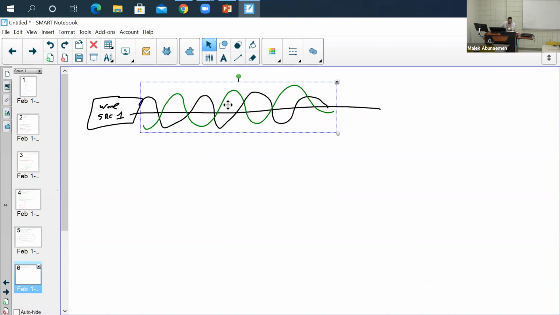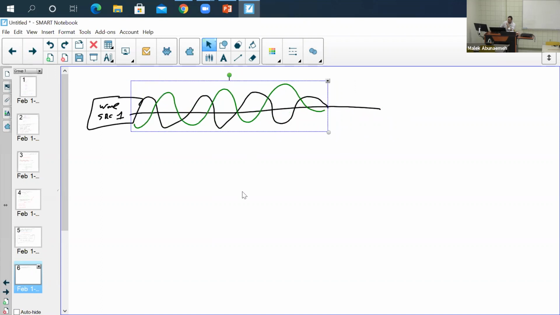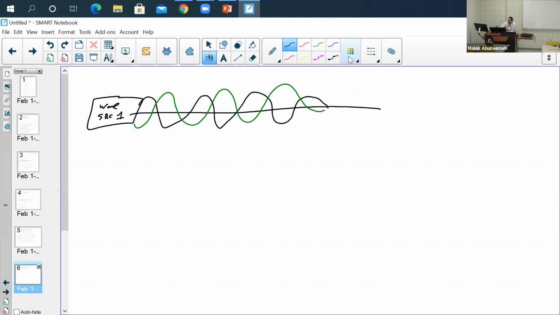So for our example, this is starting out of phase, your delta x, which is your x1 minus x2, equal to 0, lambda, 2 lambda, etc. This is going to be destructive.